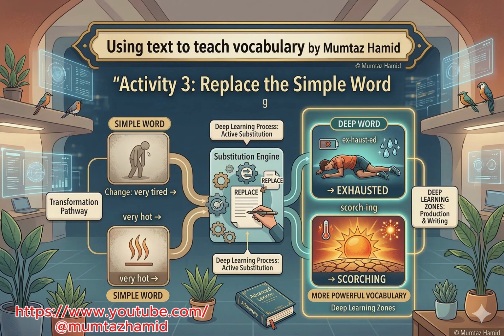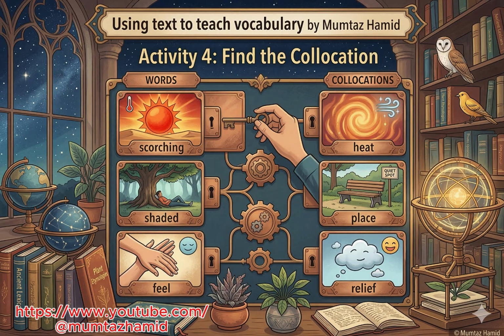Activity 3. Replace the simple word. Change very tired to exhausted. Very hot to scorching. Activity 4. Find the collocation. Match scorching to heat. Shaded to place. Feel to relief.